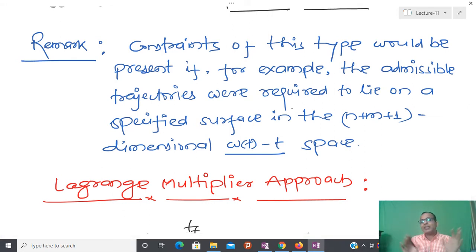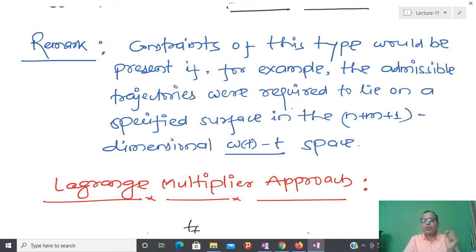So now my functional has n plus m independent functions. Out of that I have n constraints, and the constraints come from the solution of some linear or non-linear algebraic equation in terms of the functions.